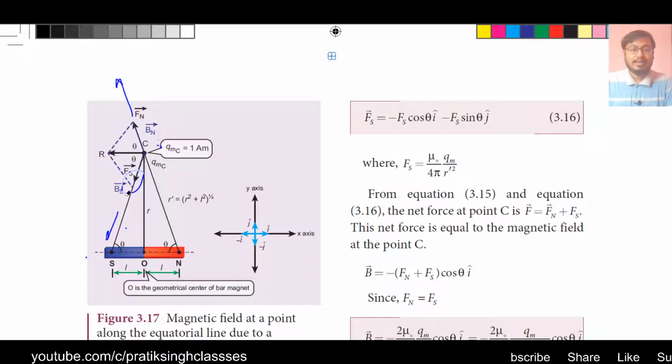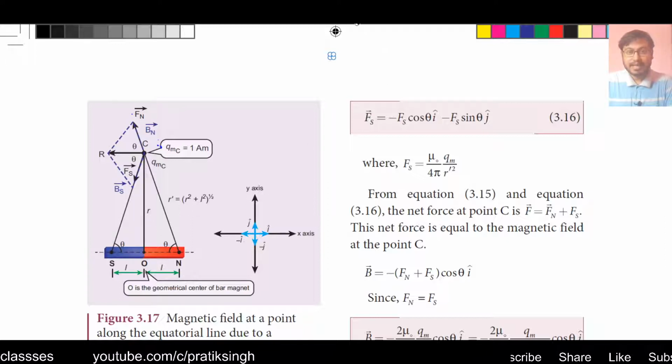Now it is clear. Here it is just like two different vectors, one along Bn and one along Bs, and we have to find the magnetic field at point C. The resultant will be somewhere in this direction.